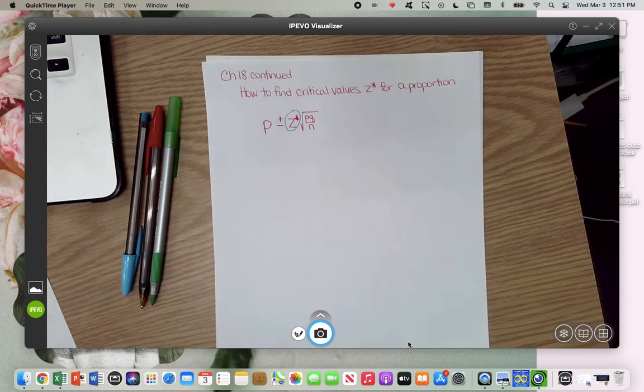Now, the reason why we have to know that z value is because it is going to tell us a different confidence level. So we're going to have a certain confidence in our answers. We can say, I'm 95% confident that my answers are going to be between A and B, like a lower value and an upper value.